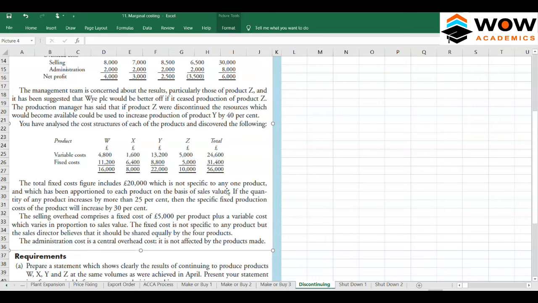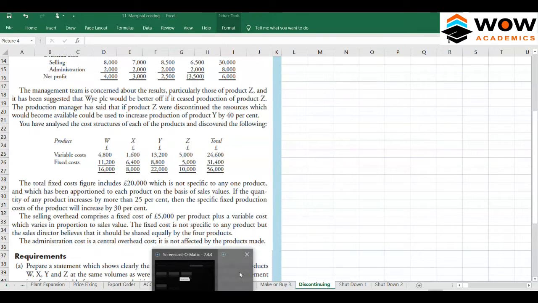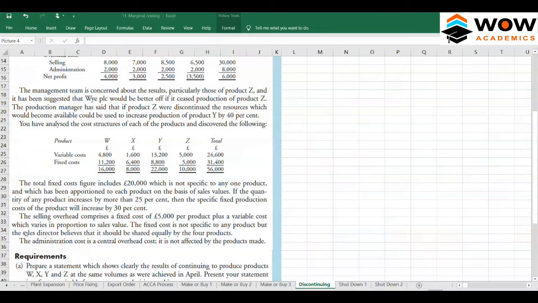So he says out of this 31,400, there is a fixed cost of 20,000, which is not for any product. It is for the common benefit of all the products, and which has been apportioned to each product on the basis of sales value.